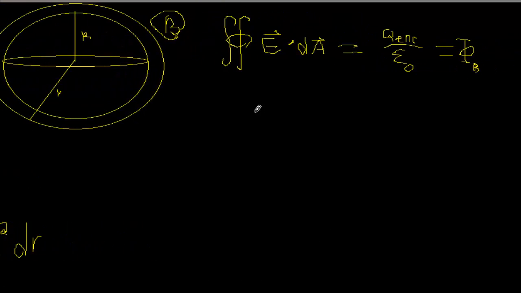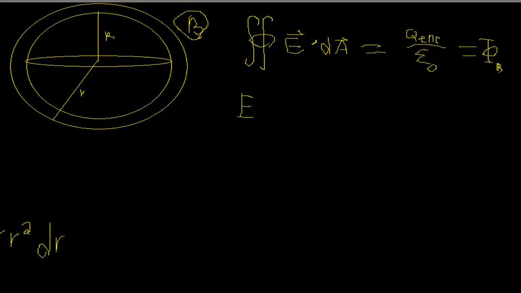And so we can evaluate this, and we can say exactly that the electric field is going to be constant because it's just a charge that is enclosed, and we have to integrate the elemental surface area, which is basically just, after we integrate a small elemental piece of the surface area, it's just going to come out with the entire surface area of a sphere, because that's what our Gaussian surface is. It's a sphere.